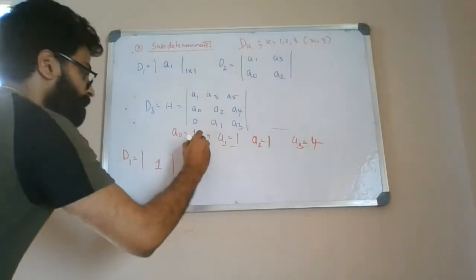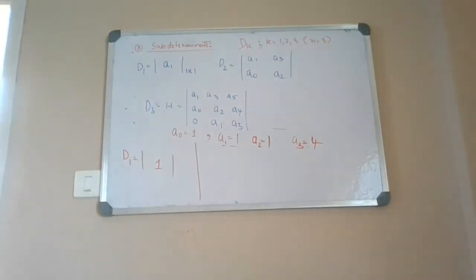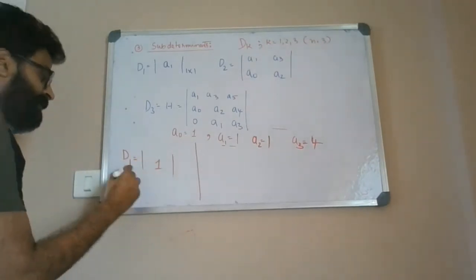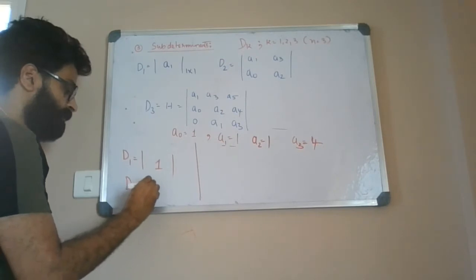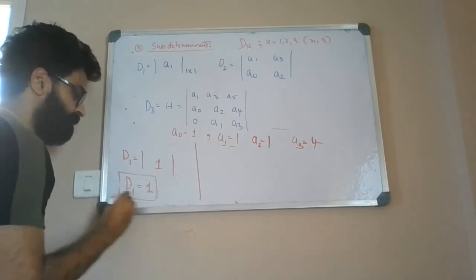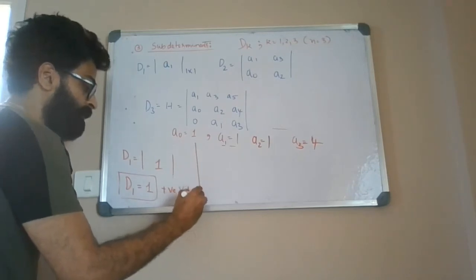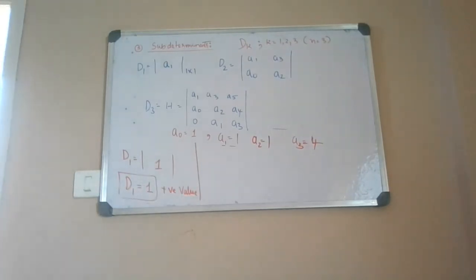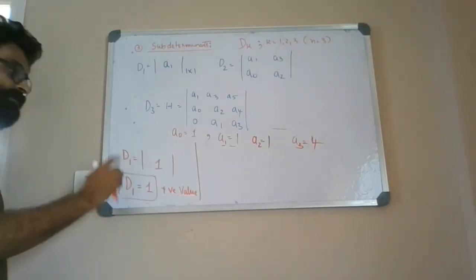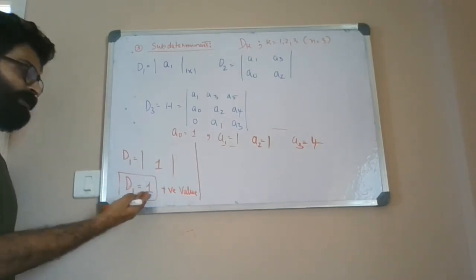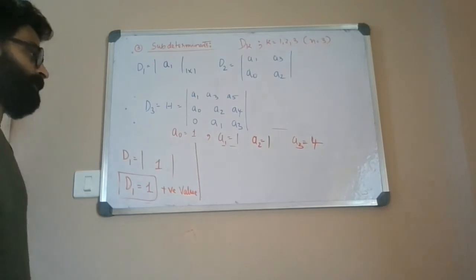It's a 1 cross 1 determinant, so the D1 value you will get is 1 itself. And as a comment, you can write positive value. So when you evaluate this 1 cross 1 determinant, you get plus 1, which is a positive value.